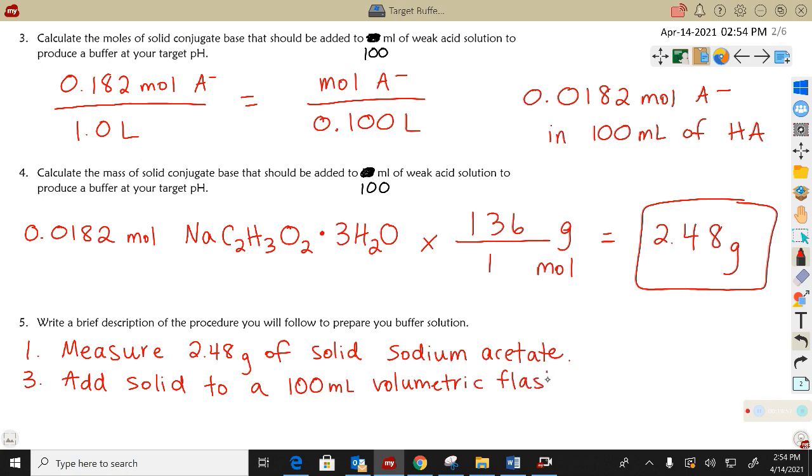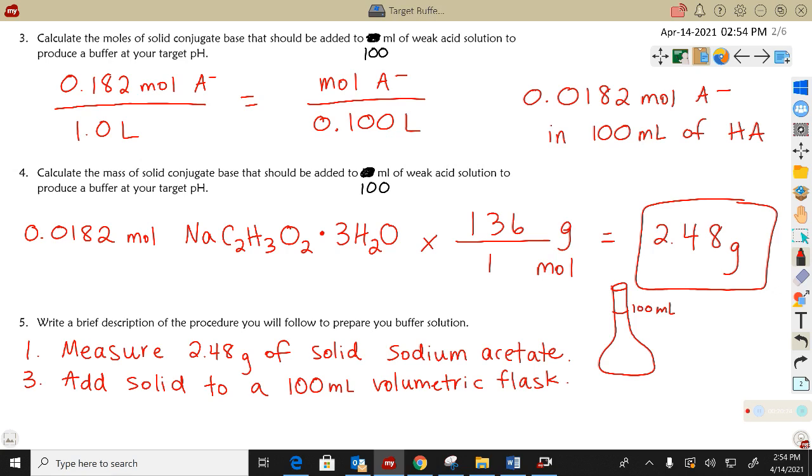Those are those volumetric flasks that are really skinny, and then they have the bulb at the bottom, and there's only one mark on them. So it's only meant to be used for exactly 100 milliliters of solution. Now, obviously, they come in different sizes depending on what volume of solution you intend to produce.